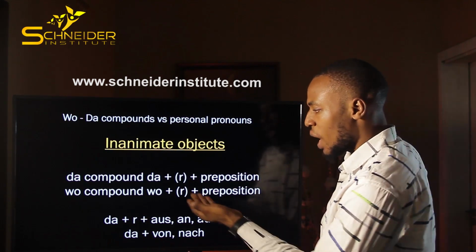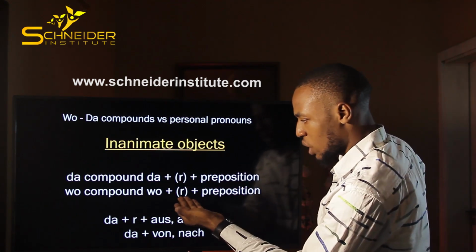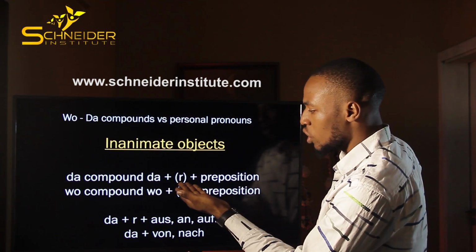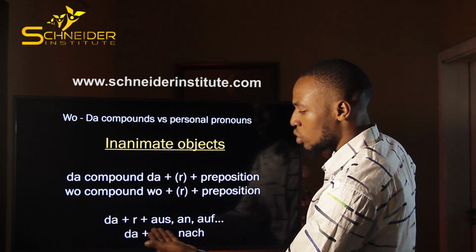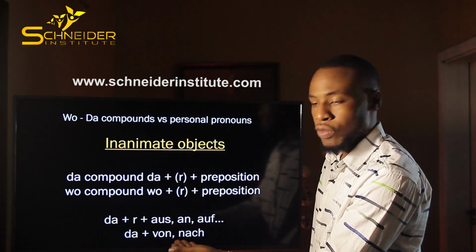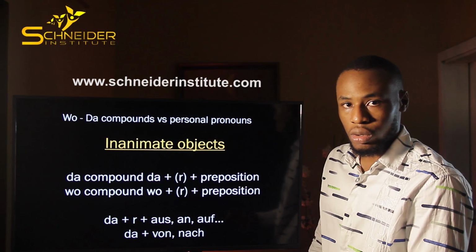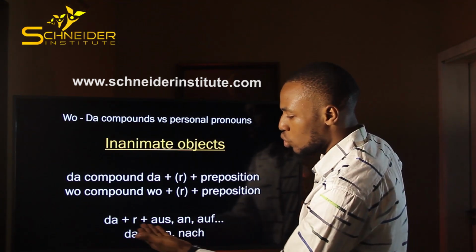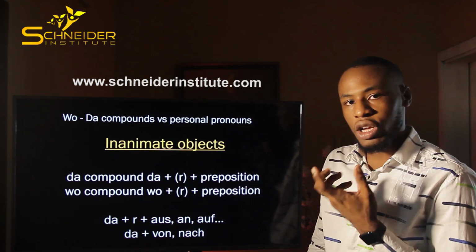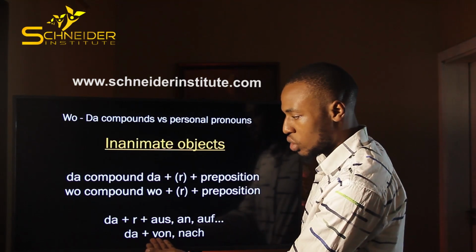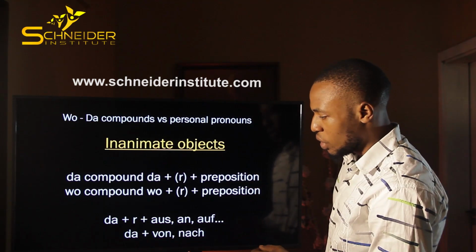Now, when do we add this R we're seeing here? This can only be introduced when the preposition starts with a vowel: A, O, U. So that is when you introduce the R. But when it's simply a consonant, then you don't have to introduce the R, which is what I simply explained here.